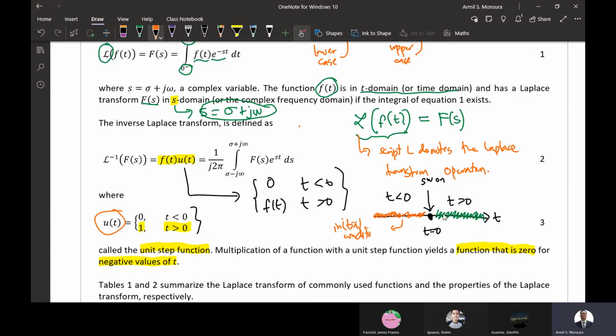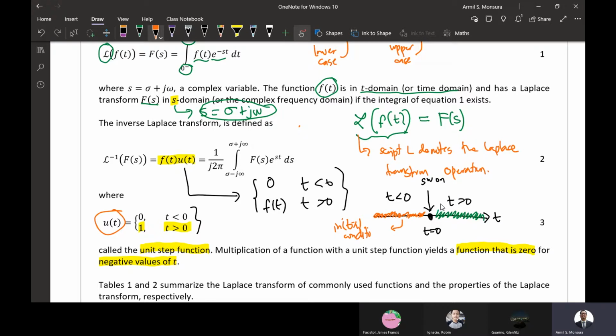In the case of a machine being turned on, we start analyzing the behavior of your machine at the point you turn it on. So anytime after that is positive time, and anytime before you turn on your machine is negative time. That is what we mean by negative time. It is relative. Now, as I was saying, the negative values of time in the more advanced study of control systems.